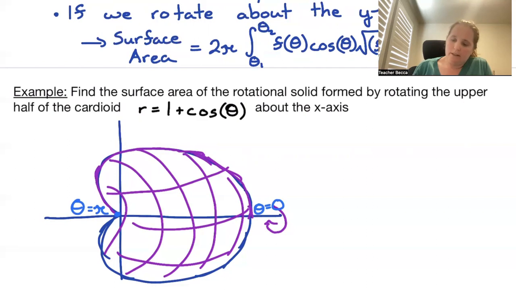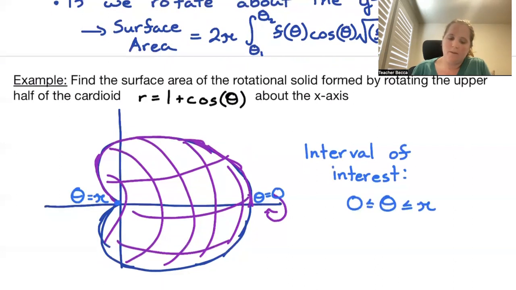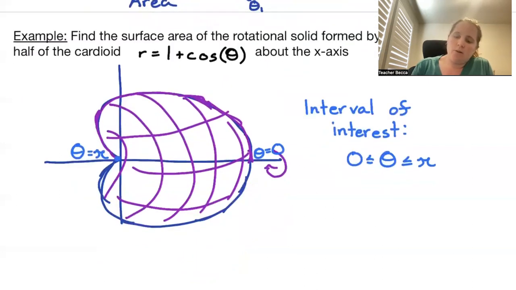So our interval of interest is 0 less than or equal to theta less than or equal to pi. r is 1 plus cosine theta, so 1 plus cosine theta is our f of theta.